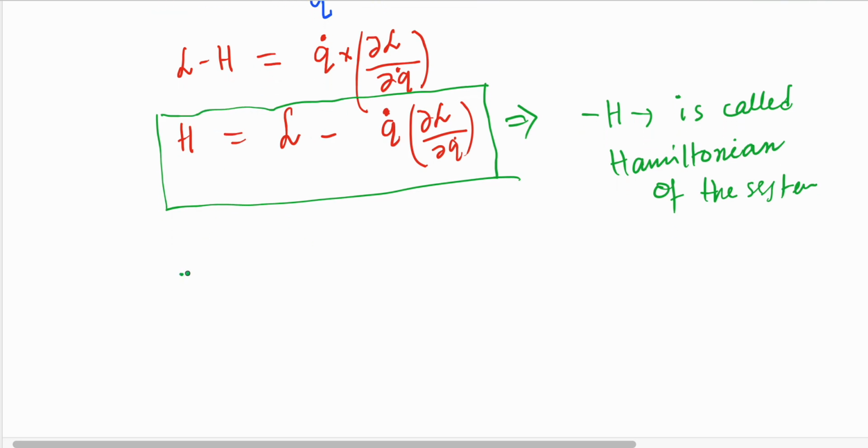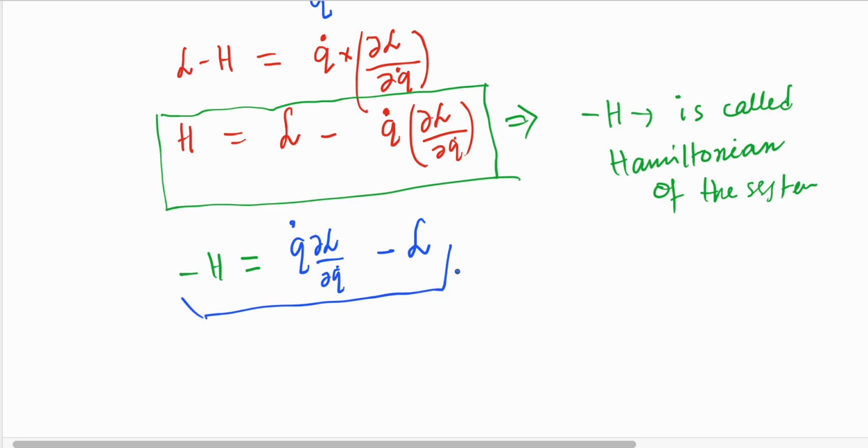We know that minus H is nothing but p q dot minus L, or rather write it in this fashion, q dot del L del q dot. So this is the Hamiltonian of that system.